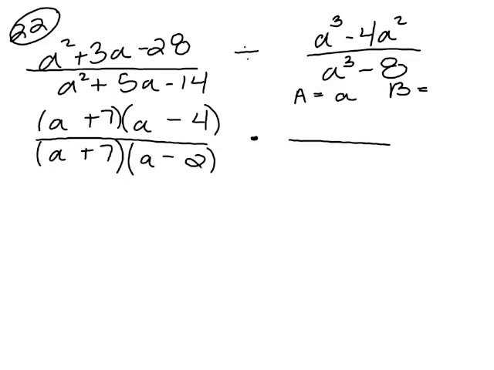Okay, so my b value is going to equal 2. So this is a cubed minus b cubed, so I need to use the a minus b format. So I'll have a minus b and then a squared plus ab plus b squared. Okay. So there's my top line, then my bottom line.